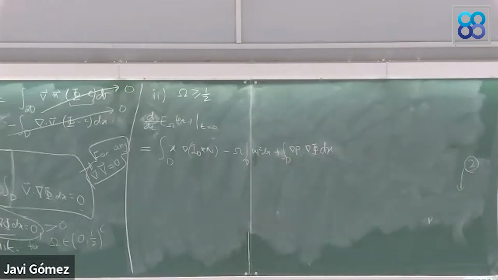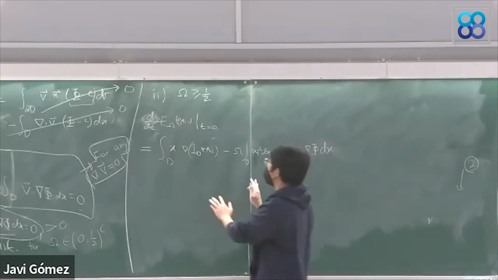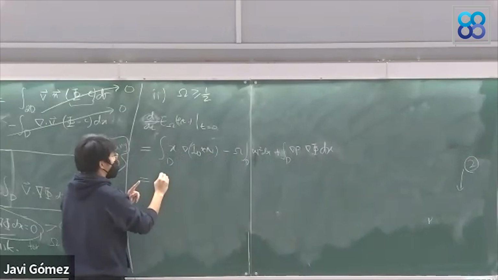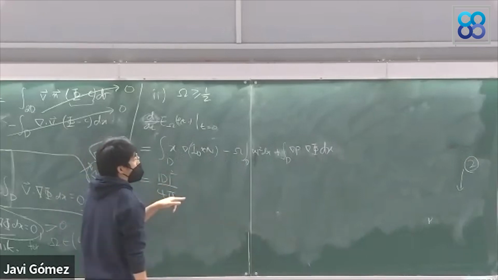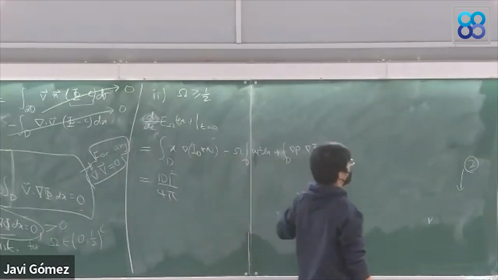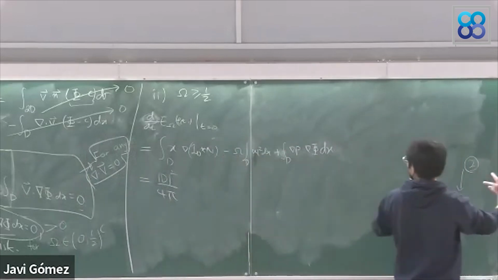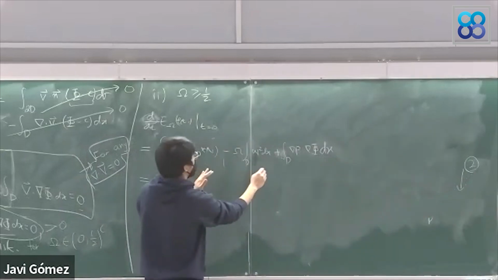But let's just use these claims to compute this one this time. So as before, the first term is exactly equal to d squared over 4 pi. And now omega is positive, right? So this one is always bigger than something. That means this one is always less than something.